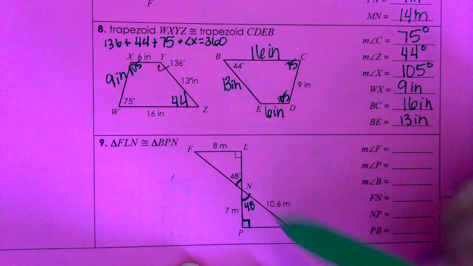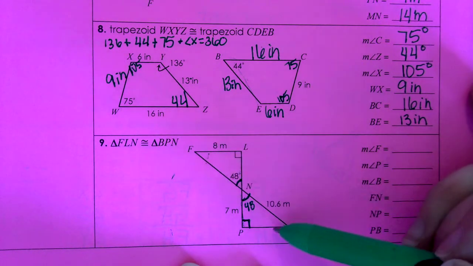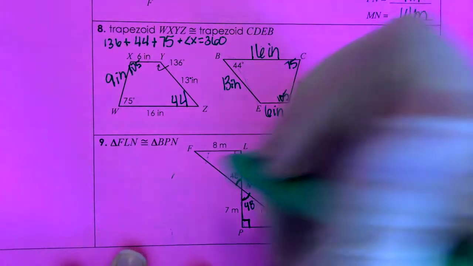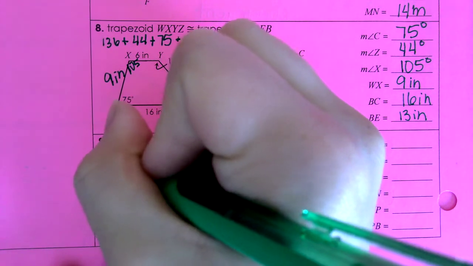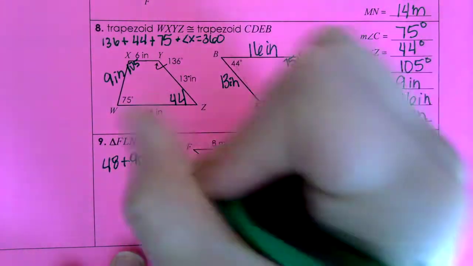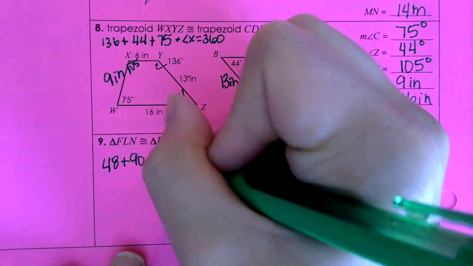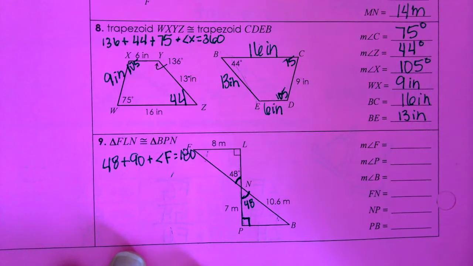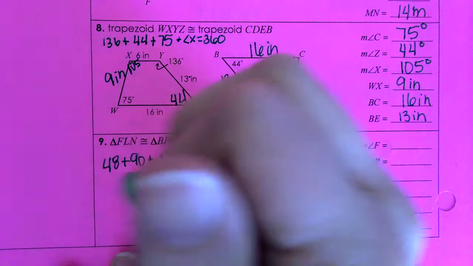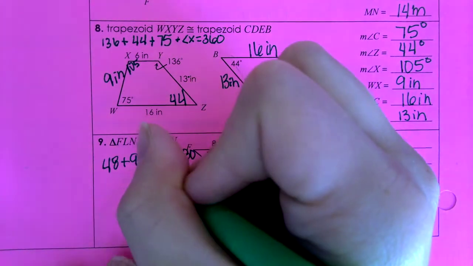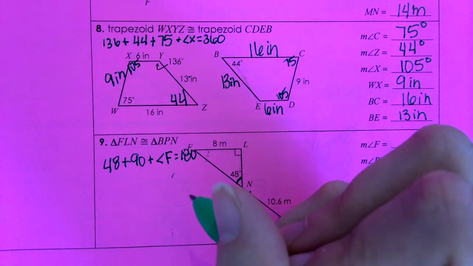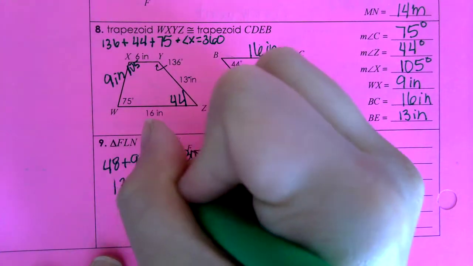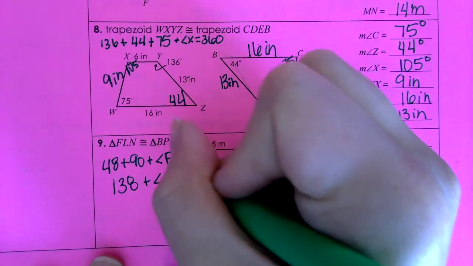Well, this is super easy because now I can either find this angle or this angle because they're going to be the same, because I have the last one to find. So I'm going to take 48 degrees plus 90 degrees plus angle F, and that's going to equal 180 degrees because that's how many degrees are in a triangle. Well, when I add those, 48 plus 90 is 138, plus angle F equals 180.